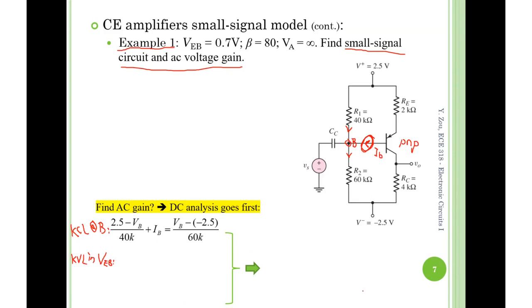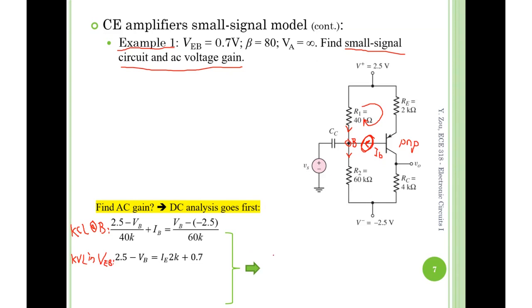So KVL inside of this loop, the top loop, that's correct. These are all the weapons provided in the procedure handout, the page back in the DC analysis. Nothing beyond those.